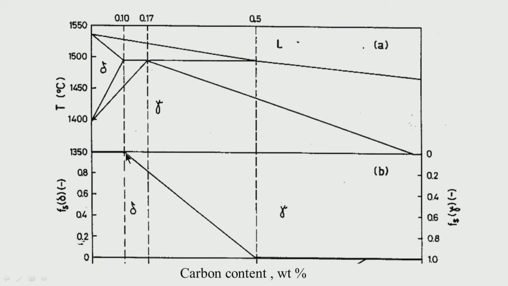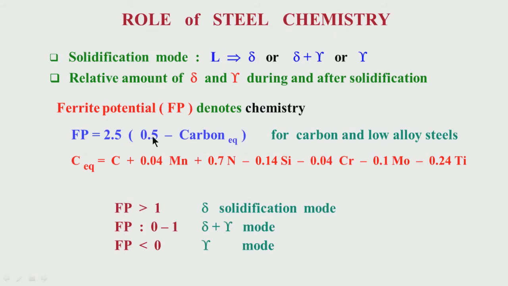I just made a mistake, it is 1, there is 100% ferrite. So, 0.5 minus 0.1 is 0.4, into 2.5, this is 1. So, when ferrite potential is 1 or more than 1, it is delta solidification.